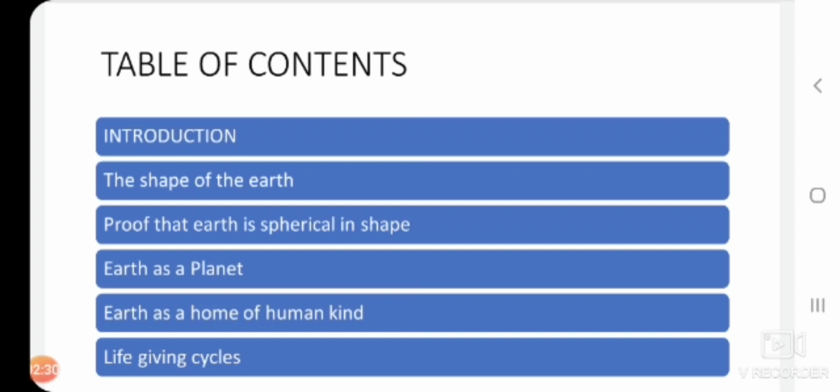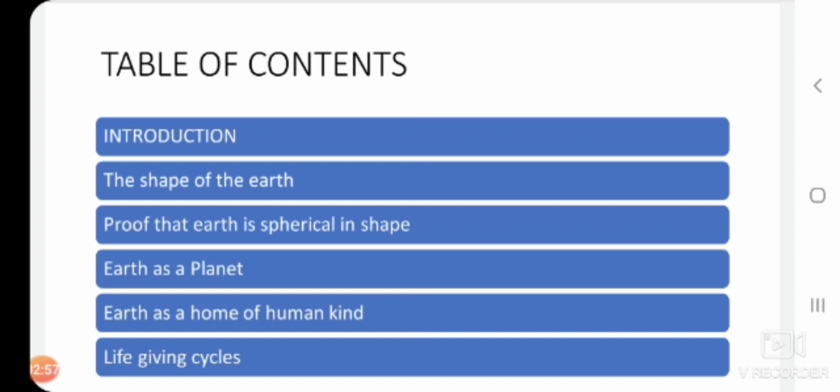Not only that, children, the chief members of the solar system are the planets. Most of the chief members are the planets. Not only that, the satellites revolve around the planets, and the other celestial bodies are called asteroids, comets and meteorites. Maybe in the earlier classes you might have learnt about these asteroids, meteoroids, comets and so on.